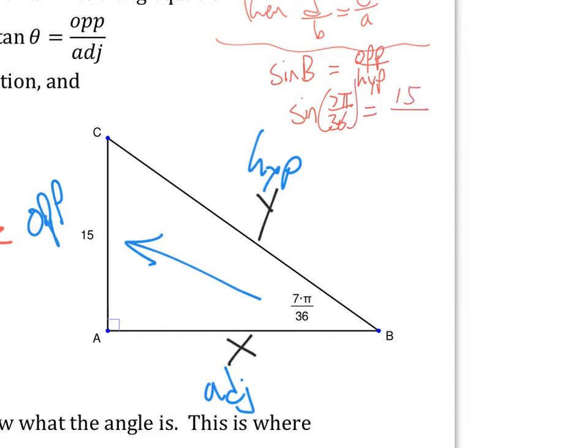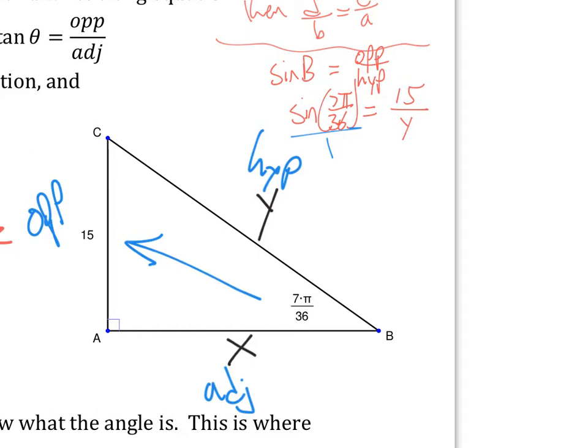We know the opposite, and the hypotenuse is y. Now, the sine of 7 pi over 36 is just some funky decimal number, and I don't want to figure that out right now. I'm just going to leave it alone. So we've got some weird decimal, and let's put that over 1. So weird decimal over 1 equals 15 over y.